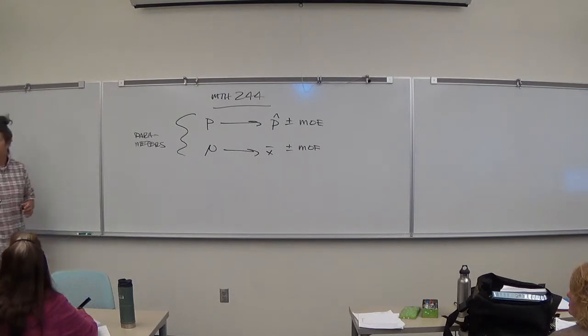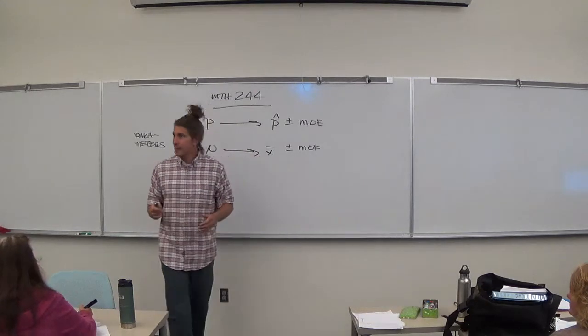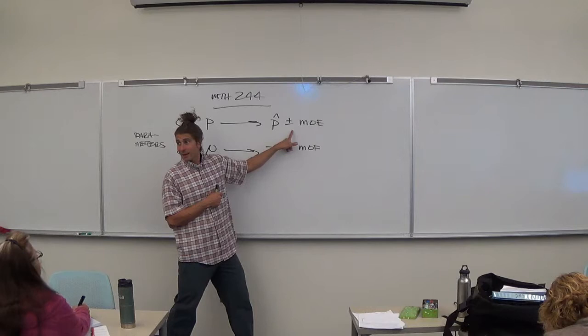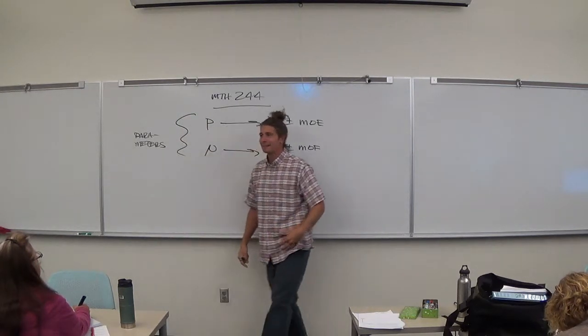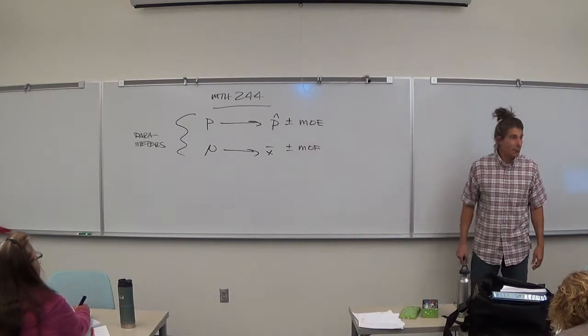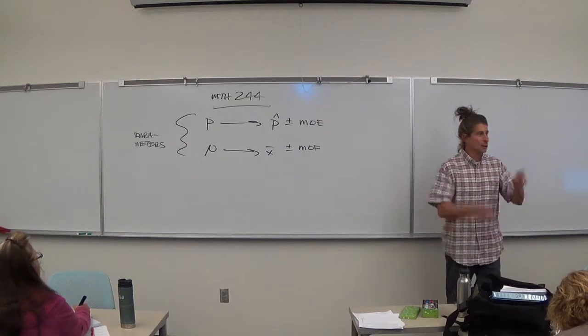But at a set level of confidence, that's the percentage of time you don't miss. What's the basic standard for confidence as far as percentages go? 95%. Which means when you make these things over and over and over again, 95% of the time, what are you going to do? You're going to catch it. I love that phrase. You're going to catch it.